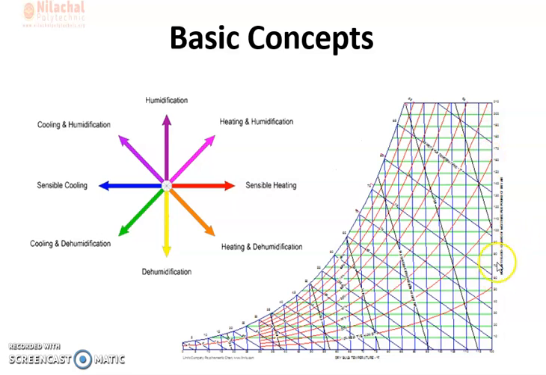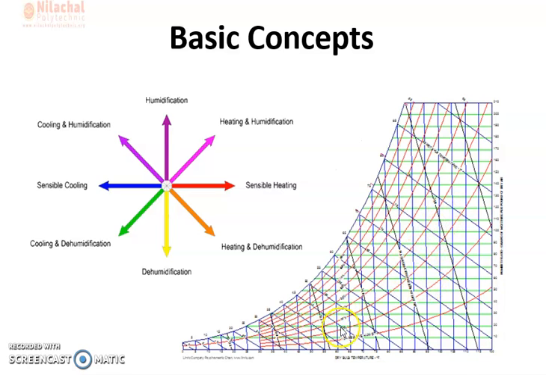And here is the specific humidity. If you are increasing the specific humidity, then it will go straight upward. In heating and humidification, heating means you are increasing the temperature as well as the humidification.